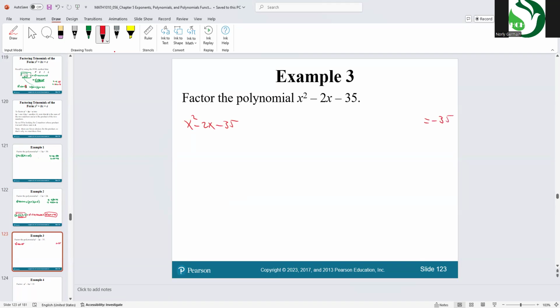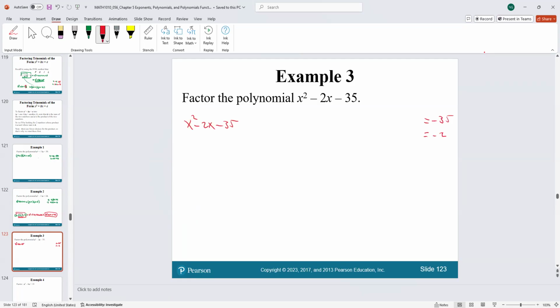At this point, you know one of the numbers must be negative, because in order to obtain a negative from a product of two factors, one of the factors must be negative. We need to obtain negative 2. So when we find these two factors to multiply to obtain negative 35, the largest number must be negative, because our expectation is to obtain a negative number, which is negative 2.